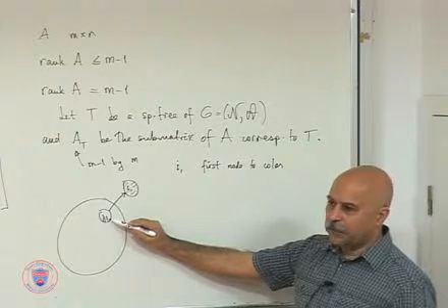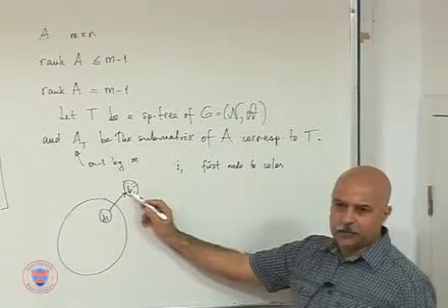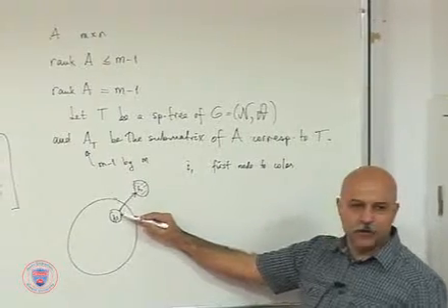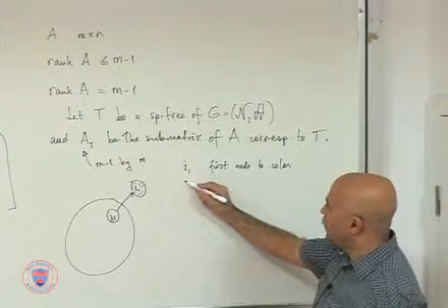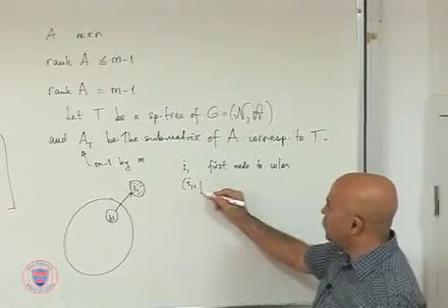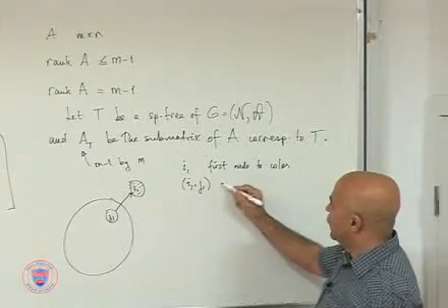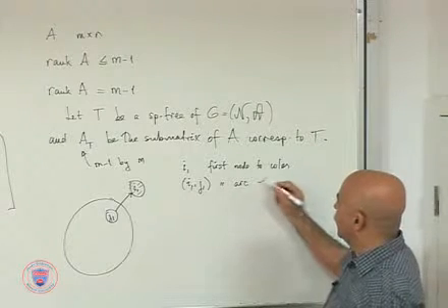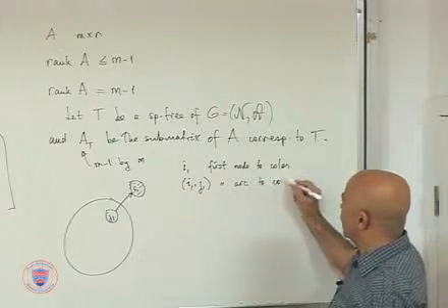Why unique? Because there's only one arc coming into it or coming out of it, so there's a unique adjacent node here, and we call that J1. Okay, so arc I1, J1 is the first arc to color.